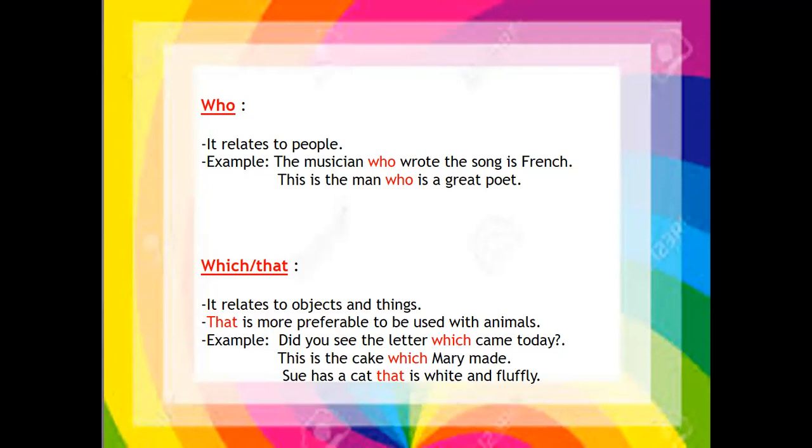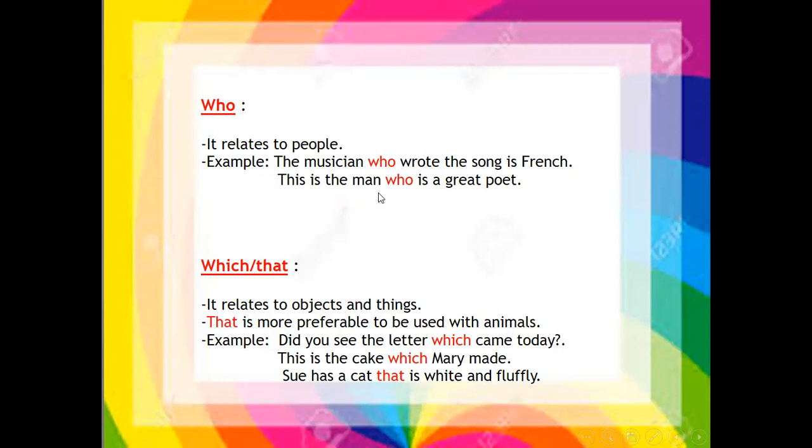Like in the first example, the musician who wrote the song is French. Here, the relative pronoun who refers to whom? To the musician, الموسيقي. He is a person, شخص عاقل. So they always refer to people which are mentioned previously.